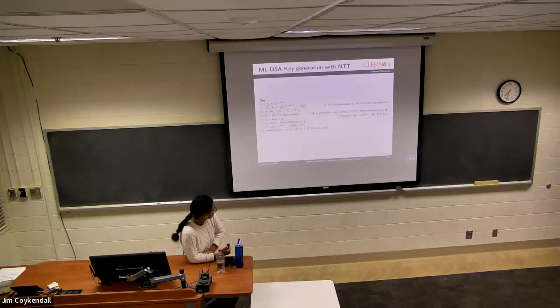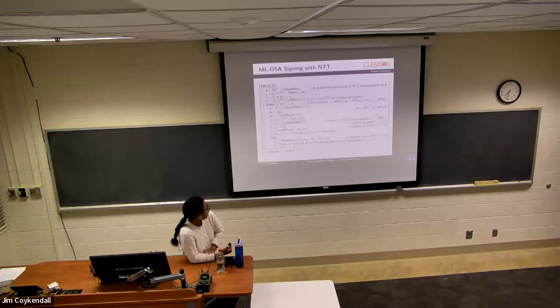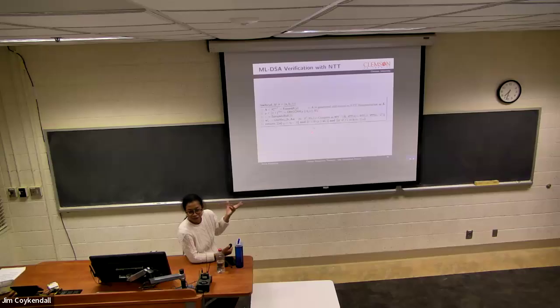And when you do those multiplications, they are computed by computing the NTT, and then you get back with the NTT inverse. Every step in the signing algorithm, you do that NTT and NTT inverse. There are a lot of them here. And when you do the verification, you again use that NTT to do every step of the verification.